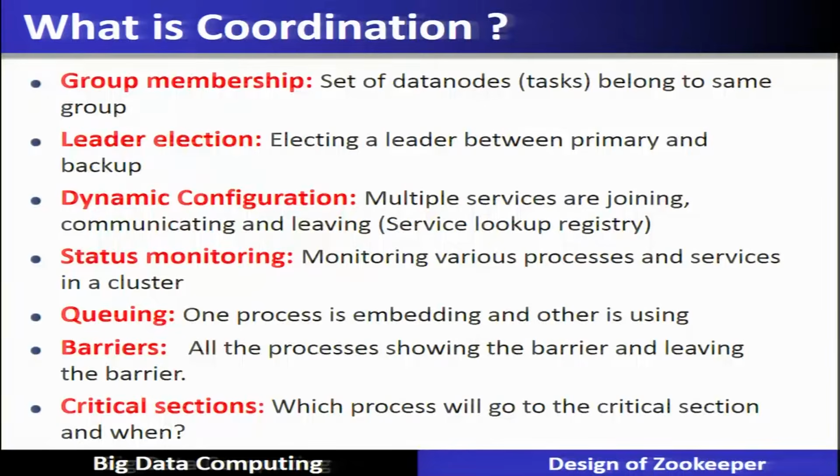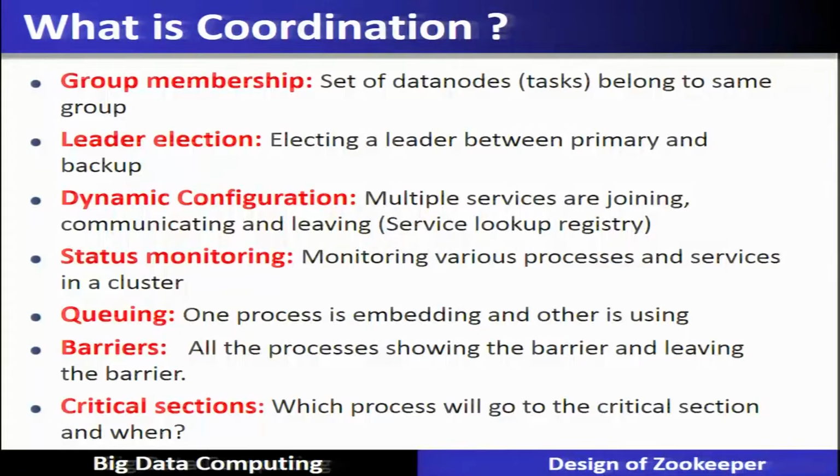Then dynamic configuration: multiple services are joining and communicating, so a common configuration is required to be maintained, wherein the active servers are registered. Status monitoring, where various processes and services in a cluster are monitored dynamically, is also a coordination service.